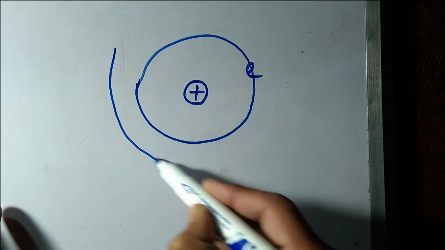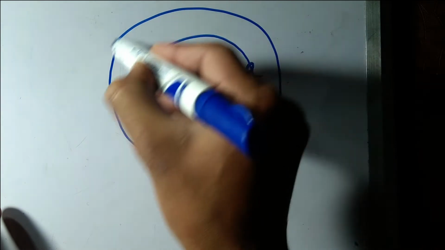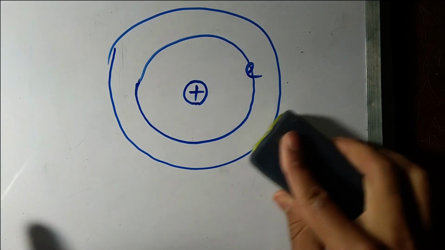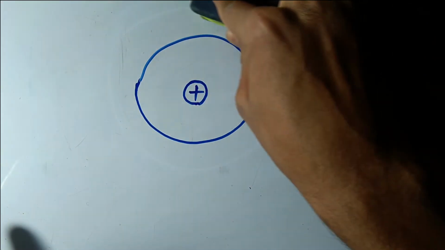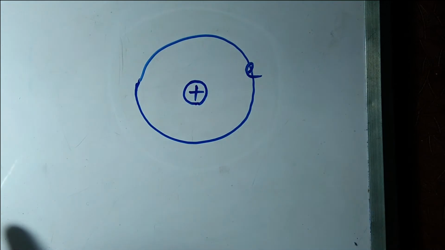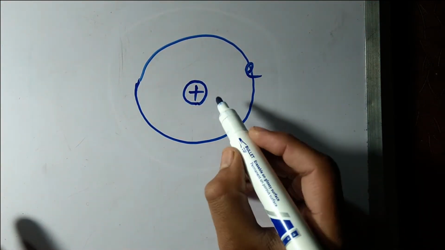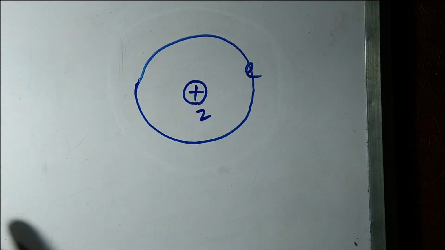There are a number of shells and a number of electrons here in the orbits. Let's say we have only one orbit, and here we have some number of protons. Let's say that Z is equal to the number of protons.